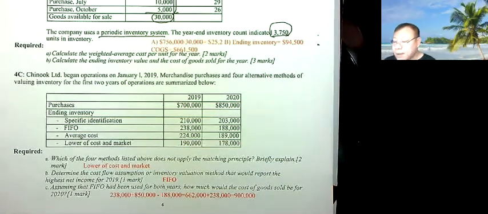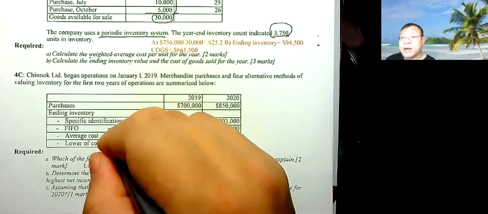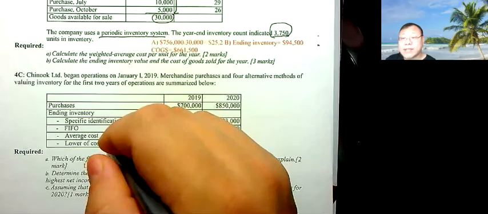And specific identification, those are for large items with large dollar value but low transaction volumes, such as antique collections. And average cost, right? So these three we all use for the cost model, because it recognizes the matching principle.